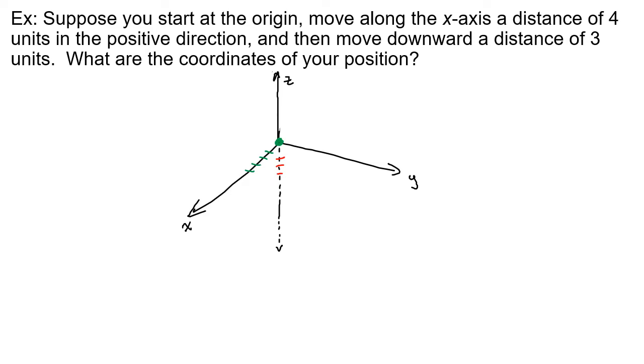So that particular spot would actually be in the xz plane. You didn't go along the y-axis at all. This point right here is the point 4, 0, negative 3. 4 in the positive direction, down 3 would be negative, and you didn't go along the y at all. So that's not actually a bad graph for me anyway. You all might have a much better drawing ability, but that's not too bad for me.